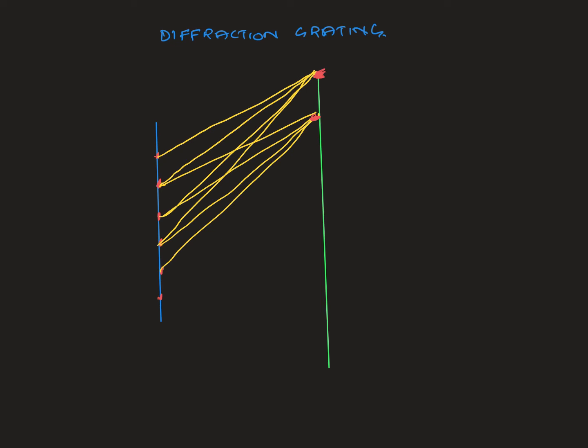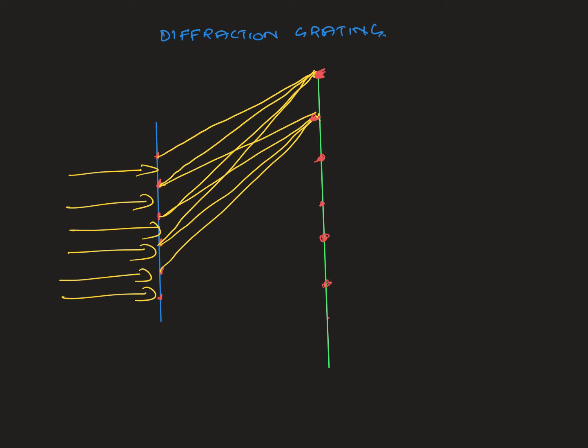And so you have light coming this way, and it is diffracted, and then interfering at this place. So you will have multiple of these constructive interferences.